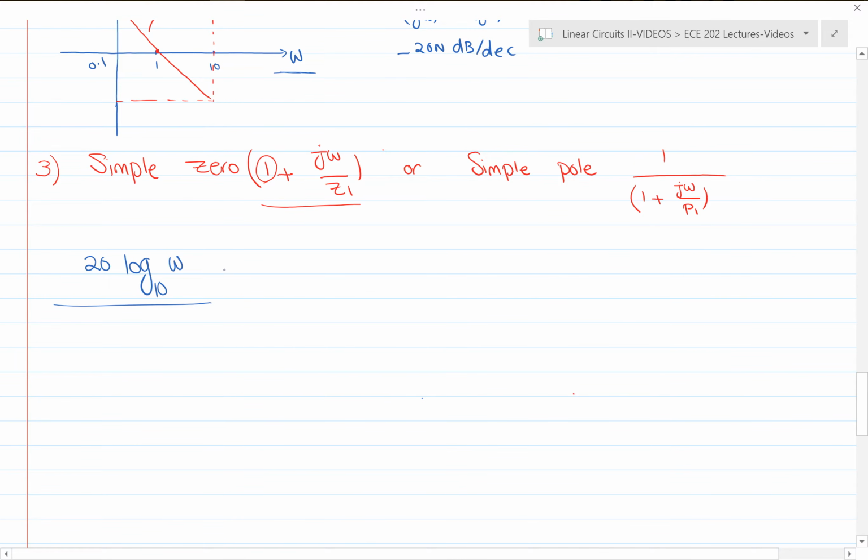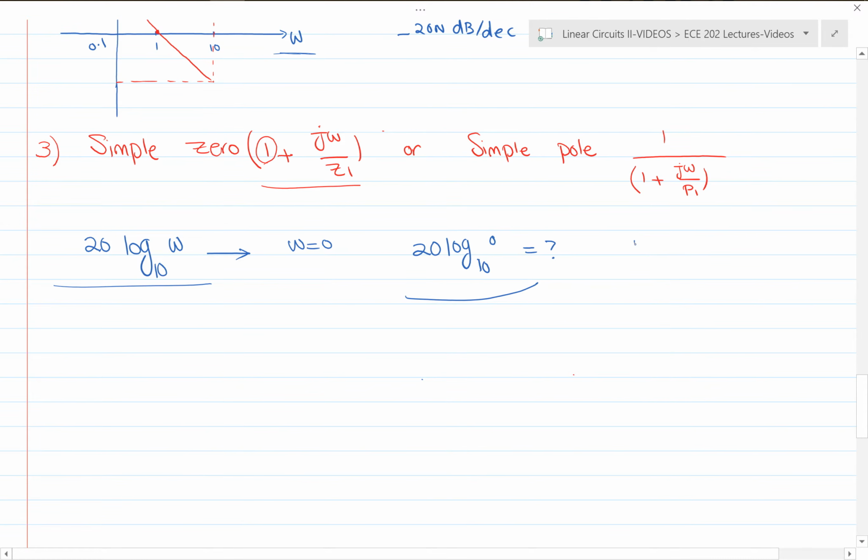So I said that I'm not starting from 0. Why? Because if I set omega equal to 0, the magnitude will be 20 log base 10 of 0. So what is this? We know that if I want to solve this, 10 to the power of something should be equal to 0.